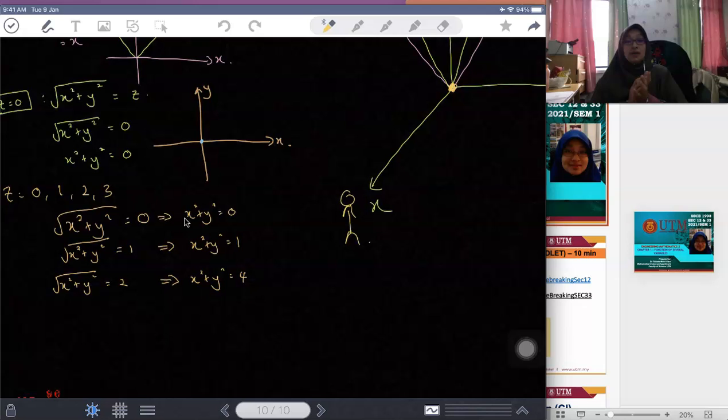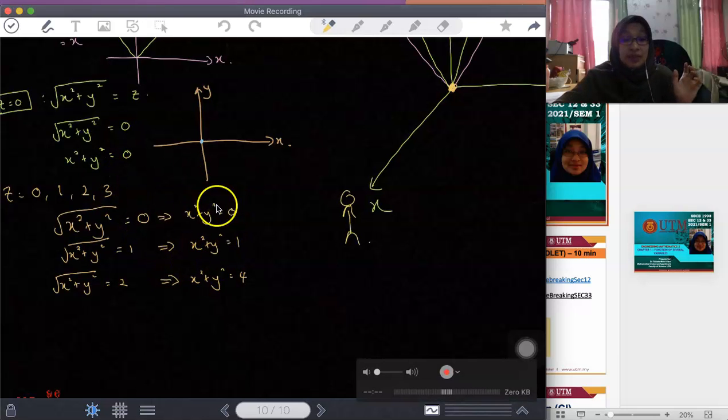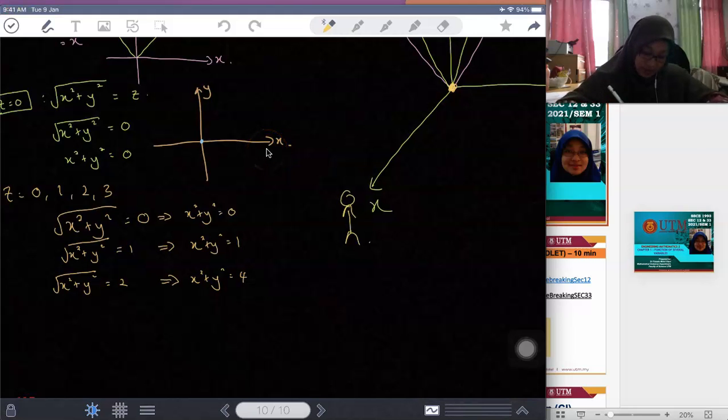So it is compulsory for you to sketch these values of z on the same 2D system, which we call level curves. So we have a circle with no radius, so it is a dot, radius 1 and radius 2.